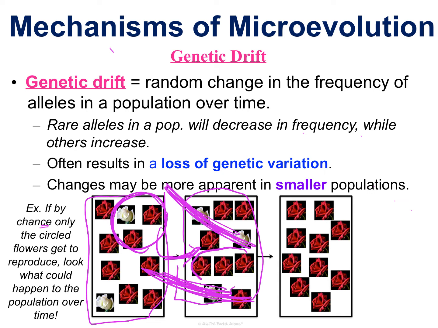And what is left are these 3 flowers here, and they're left to reproduce. And now we have this new population that looks very different from the original population, and we basically lost the genetic variation due to genetic drift.